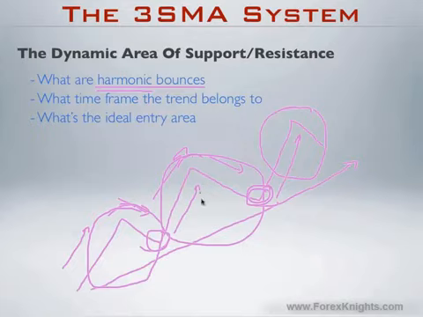Every single push that price takes in the direction of the trend is a whole new trading opportunity as per the 3 SMA system, right? And the sharper we get those bounces, the easier it's going to be for us to enter the trade at the optimal area. That's why we want to see harmonic bounces of the dynamic area of support and resistance.